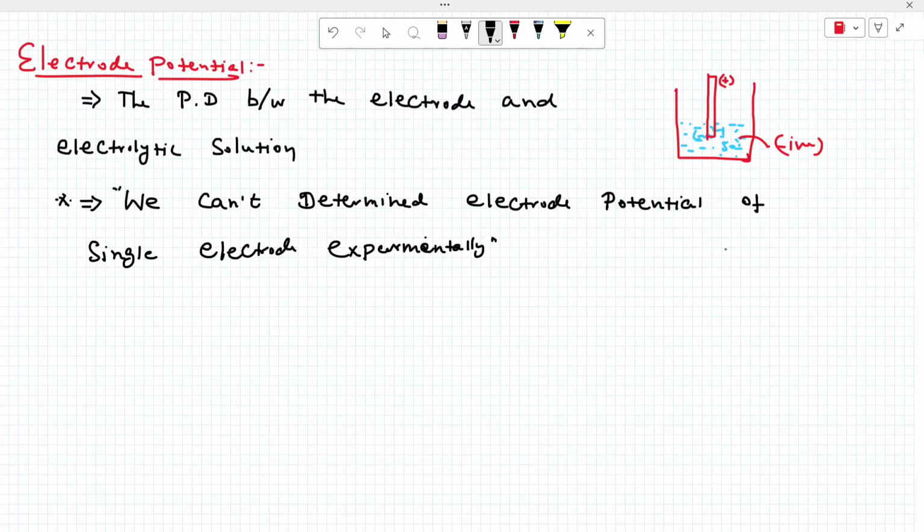For example, in a galvanic cell, if I take only the zinc compartment, I cannot find out the potential of zinc. I need a reference electrode to find out the potential of the respective electrode. Generally, the reference electrode people use is called SHE, the standard hydrogen electrode, which I will discuss later.